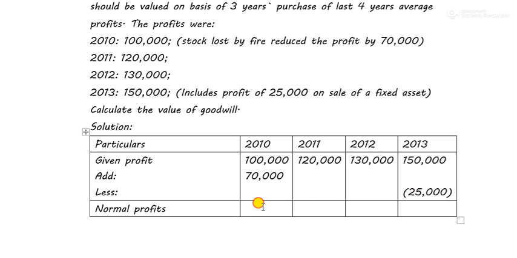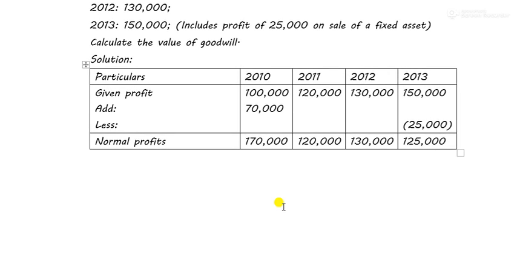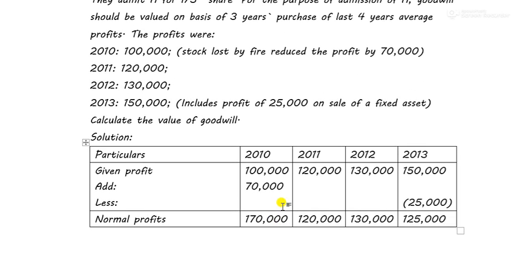Now we have our profits: 170, 120, 130 and 125. So this is my profit of 4 years.